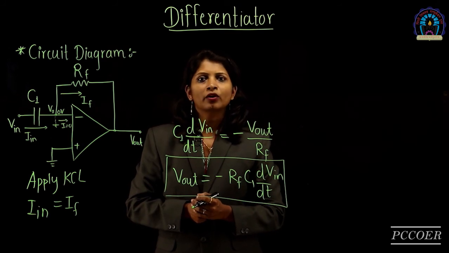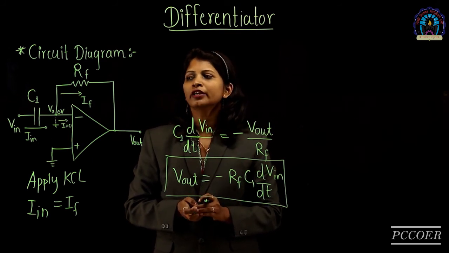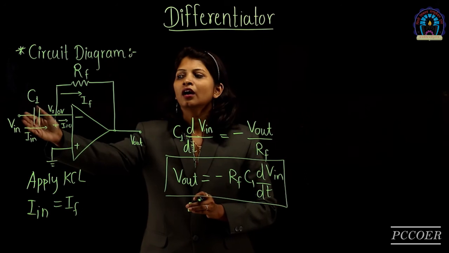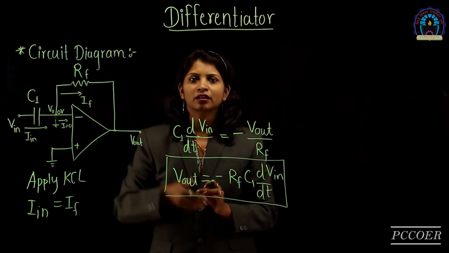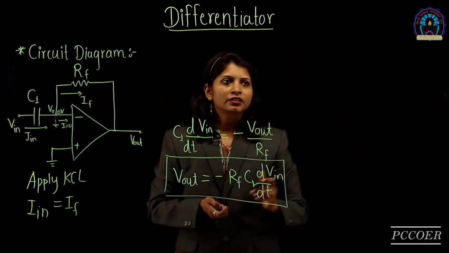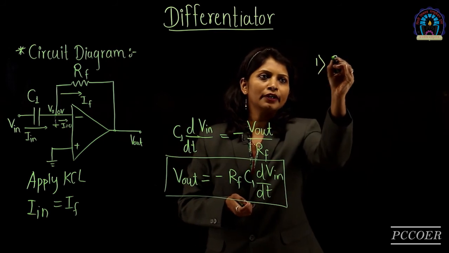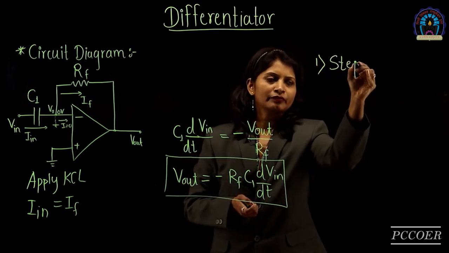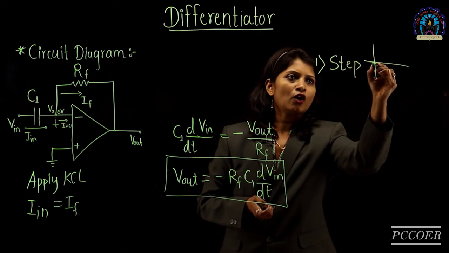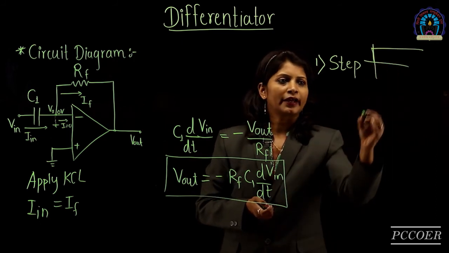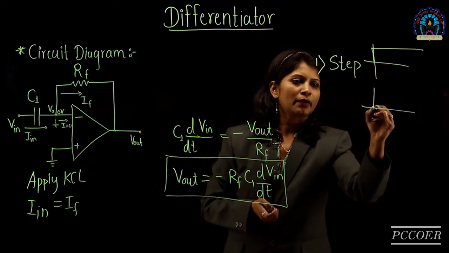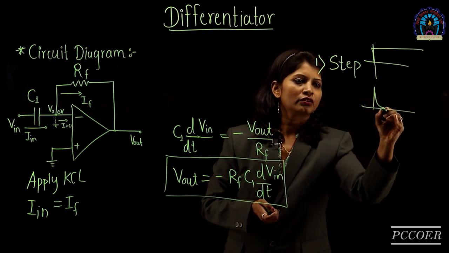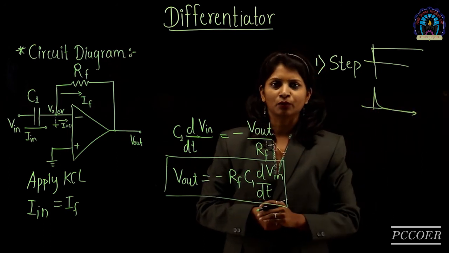Now let's see what is the effect of application of different inputs at the Vin and what are its corresponding outputs. Suppose we apply a step input to the differentiator, then the output we get is a single spike, which goes to 0.